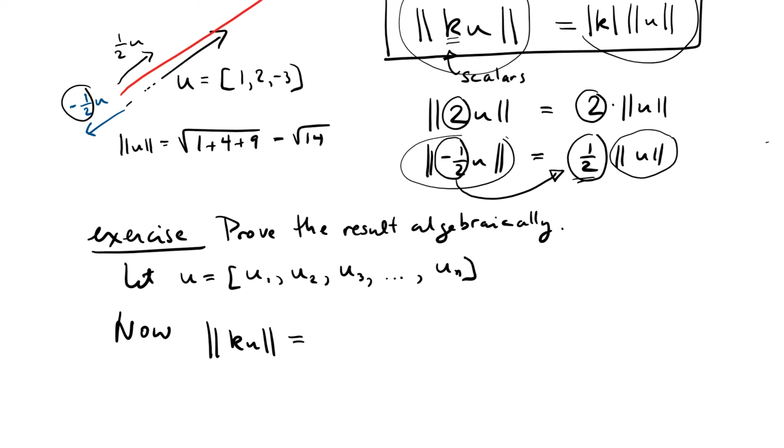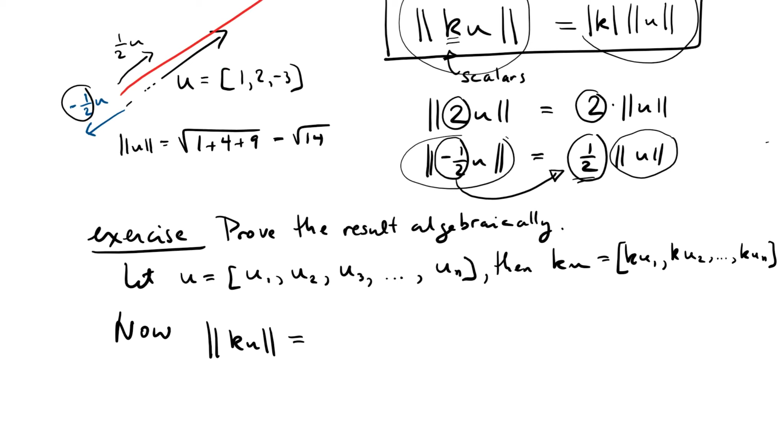Well, maybe I'll do that first step for you. Maybe we can write it here. So if u is this, then ku will be k times u. What do we get by multiplying each coordinate by k, each coordinate by k.